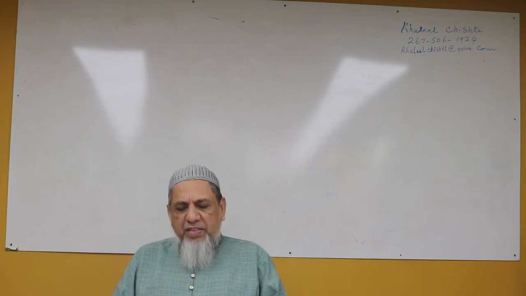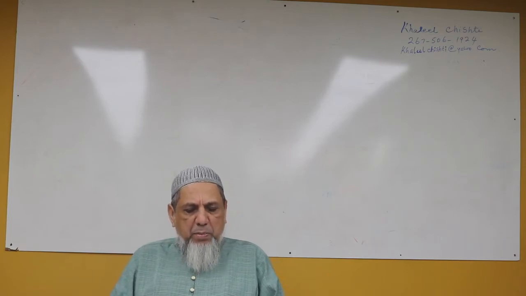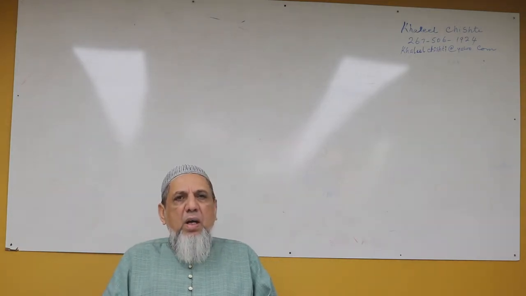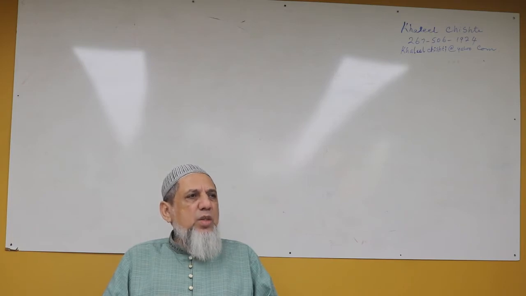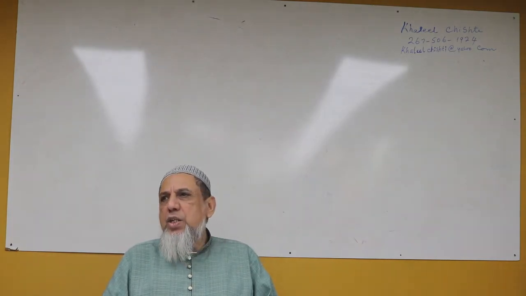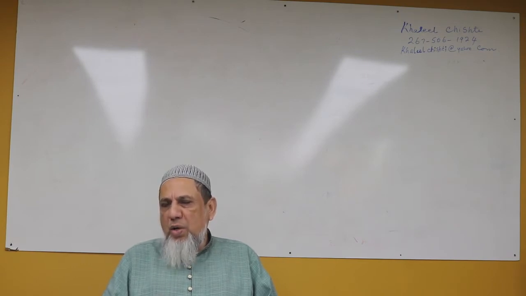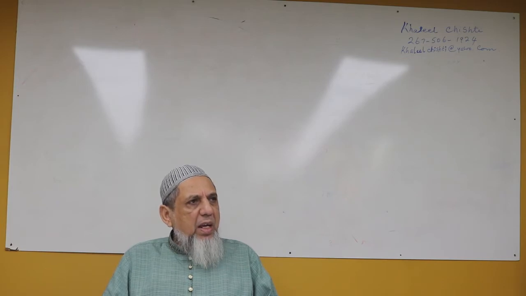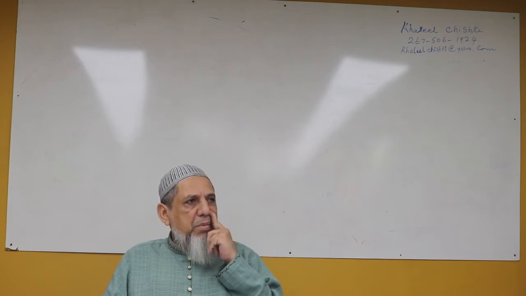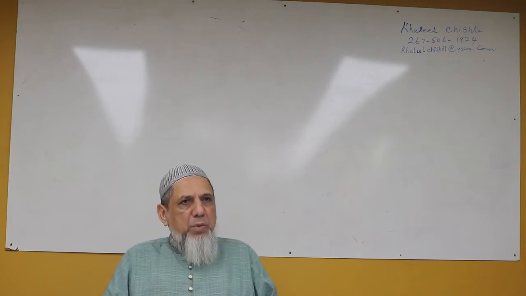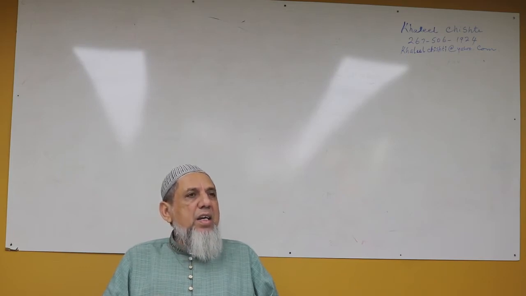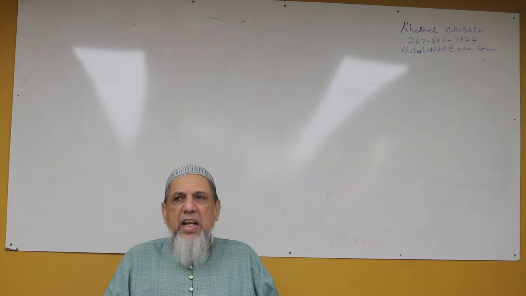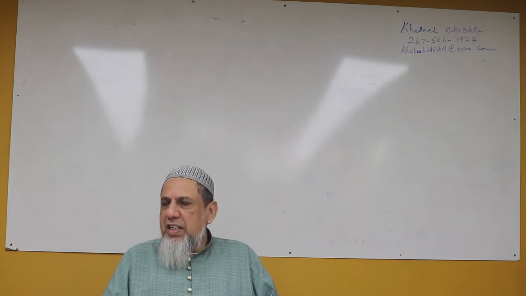So we give some examples of ism. For example, kitabun, qalamun, masjidun, zaydun, muhammadun, aliyun, uthmanu, umaru. These are all names of people. Names of cities, for example, Ar-Riyadu, Makkatu, Al-Qahiratu. So those are the names of certain cities.